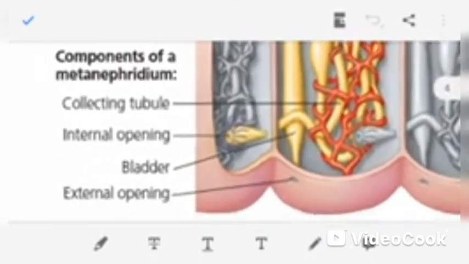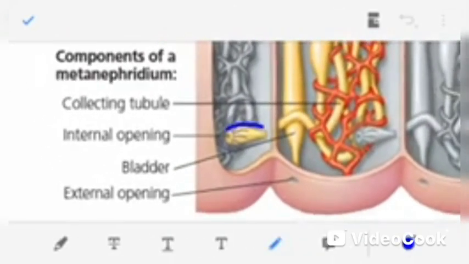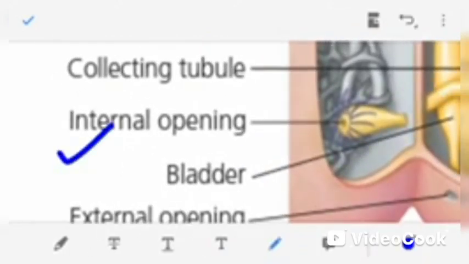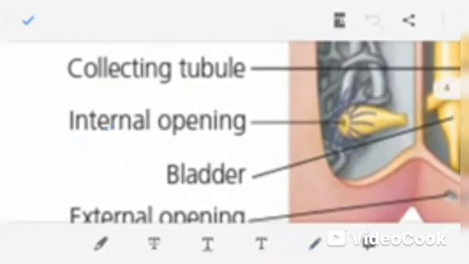This initial portion of the metanephridia is known as the nephrostome, and as you can see, an internal opening is present in the nephrostome.